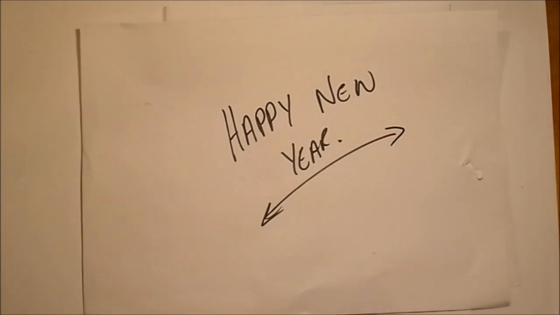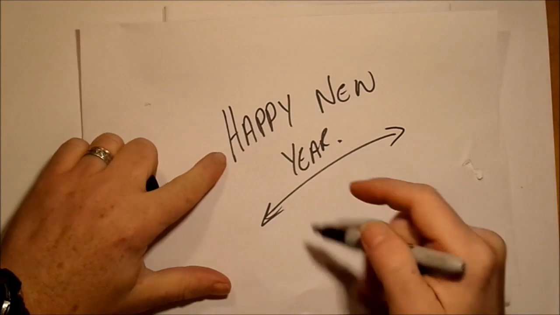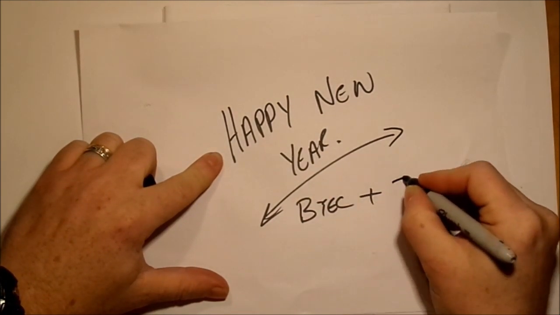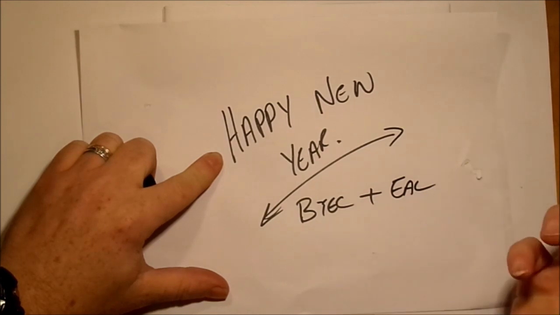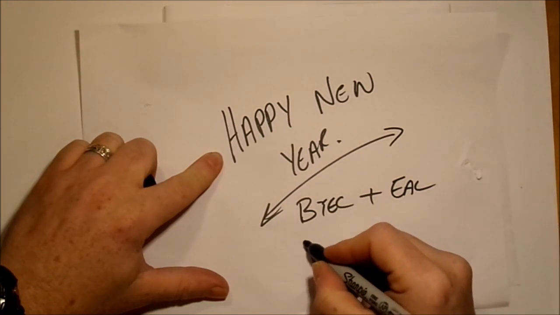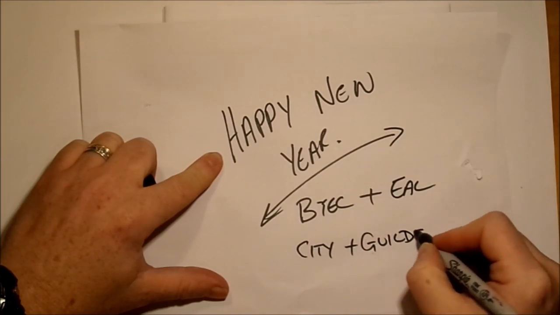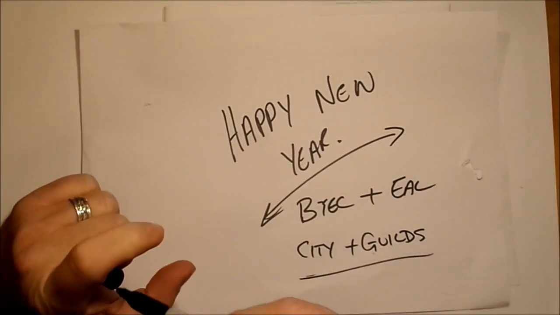Right. What we're going to be discussing today comes under the units for communication. These units are under both the BTEC and the EAL groups. If you're not a student of mine, it can also relate to City and Guilds. It's just one of the common groups.